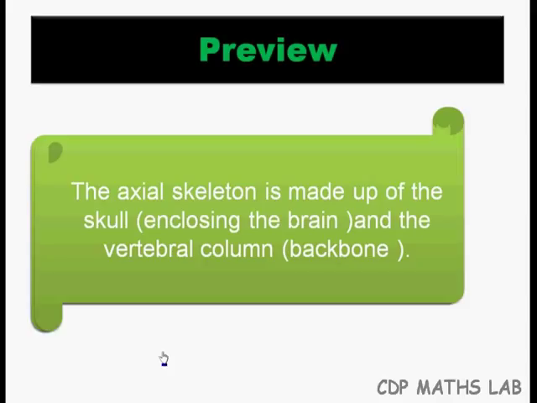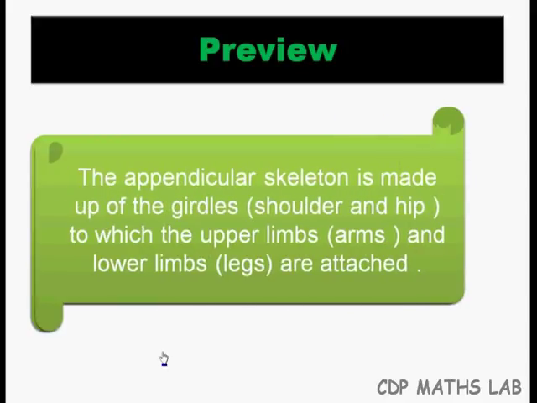The axial skeleton, which is made up of the skull and the vertebral column, and the appendicular skeleton, which is made up of the girdles, which include the shoulder and hip, to which the upper limbs and lower limbs are attached.